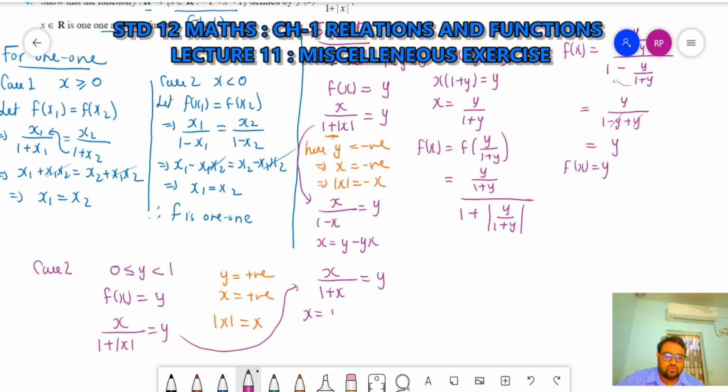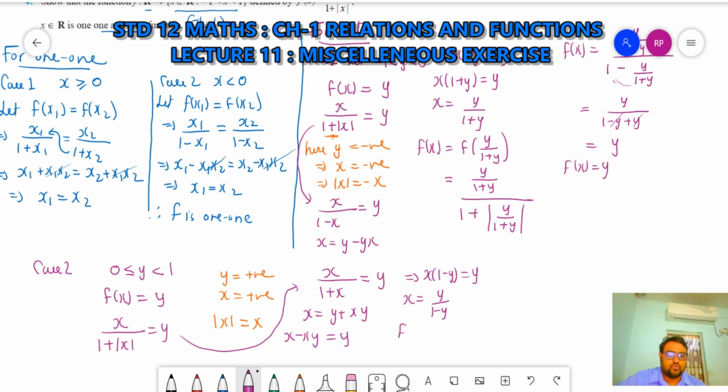x is equal to y plus xy, x minus xy equal to y, x common, x(1 minus y) equal to y. So x equal to y upon 1 minus y.